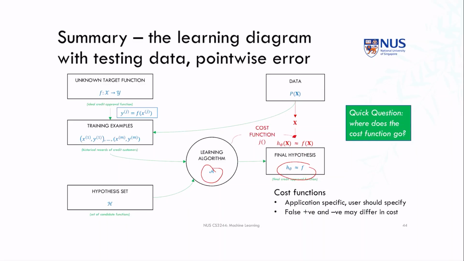You can stop the video for a second or two, think about it, give yourself a guess, and then continue. You can see the cost function goes between the final hypothesis and the learning algorithm because it measures how well the learning algorithm approximates the final values of f that we have.